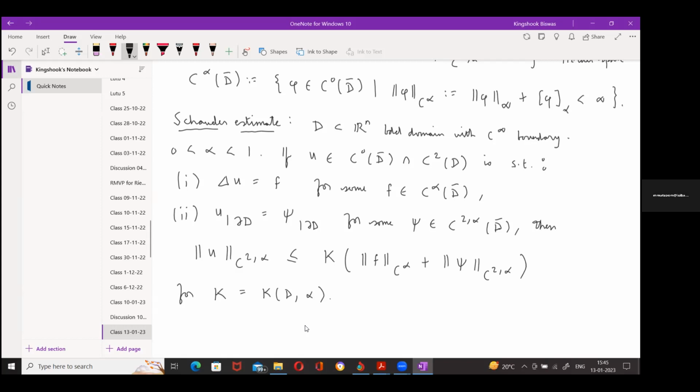Okay, this is the Schauder estimate, the boundary Schauder estimate. There's another Schauder estimate called the interior Schauder estimate. But this is the boundary Schauder estimate.